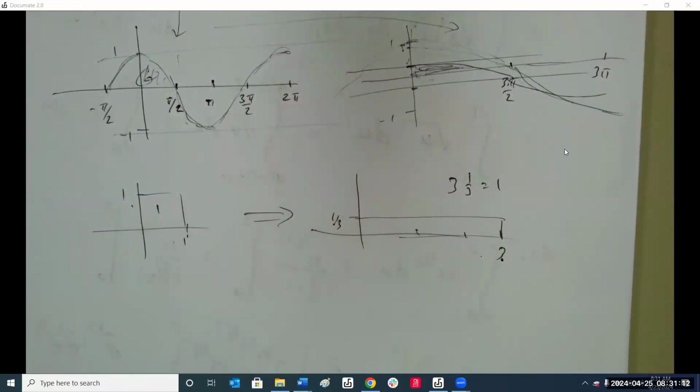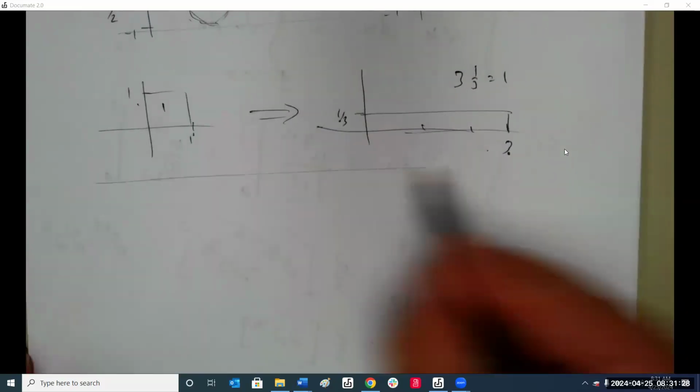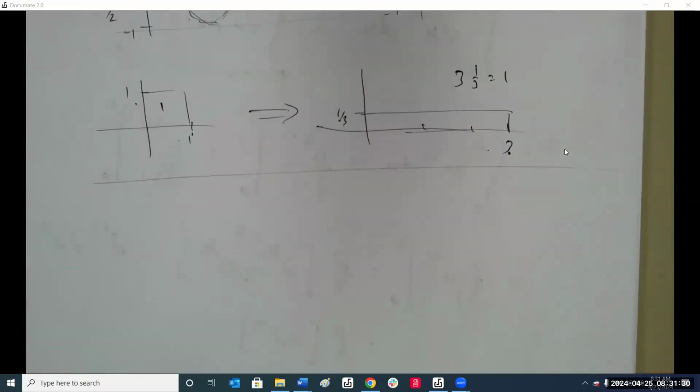So the area is the same. That's how come you have to change the bounds of integration whenever you change from f of g of x to u. Good question. That's a very good question. The answer is going to stay the same. It's just the equation looks different because you change the bounds of integration.